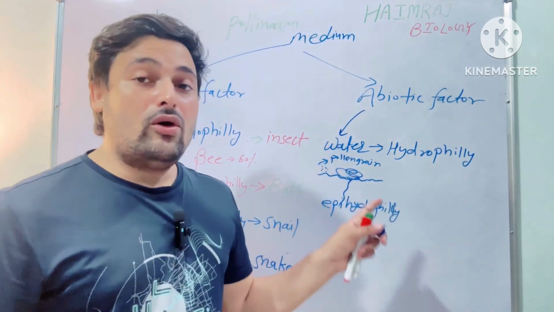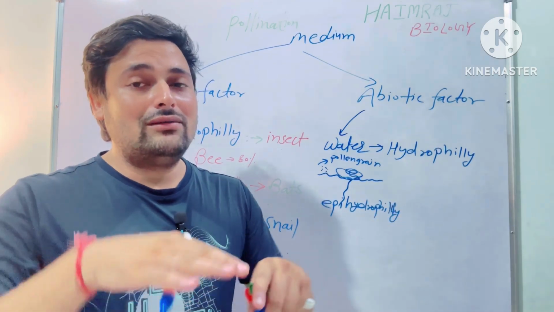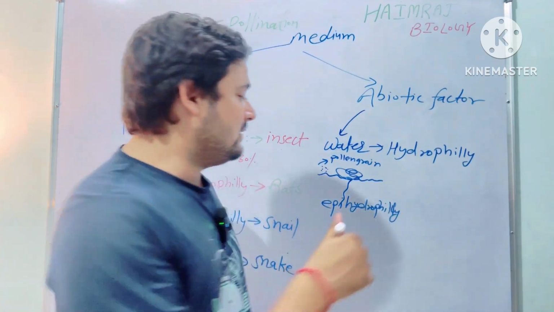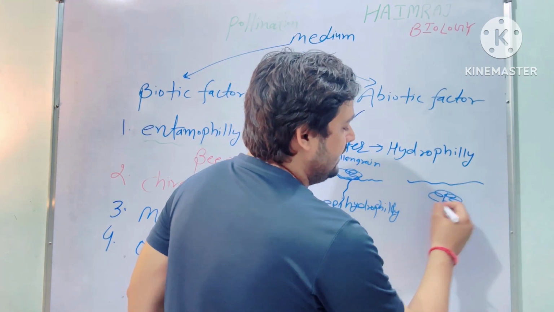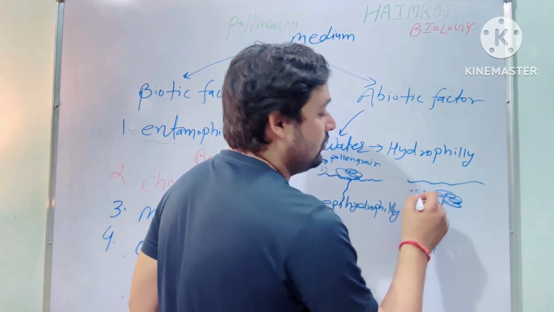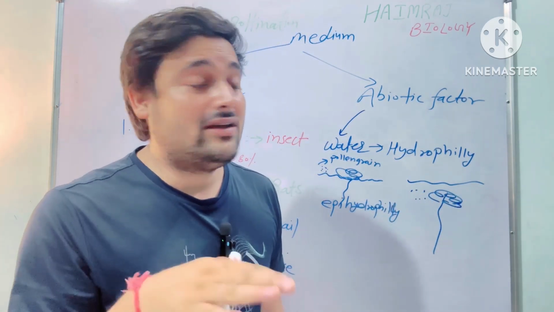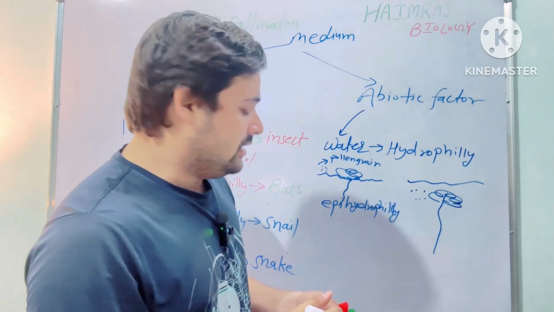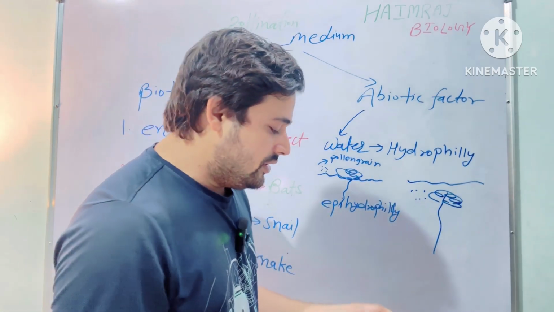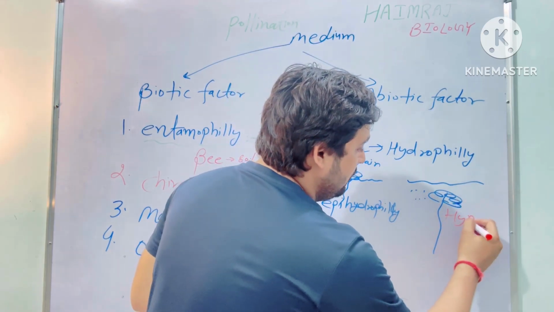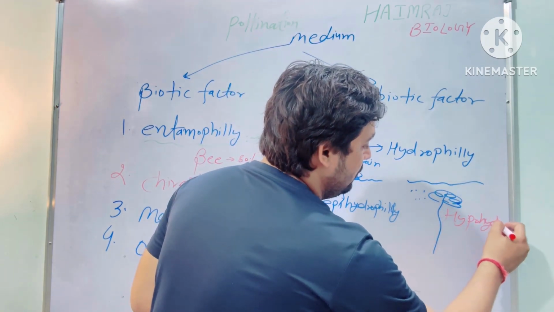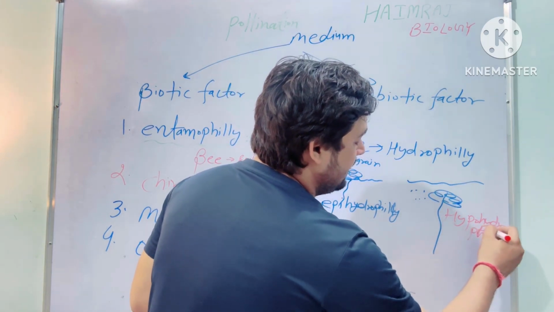If the pollination is going on under the water level, let's say it is a submerged plant and pollination is going on under the water level, then we can call it hypohydrophily.